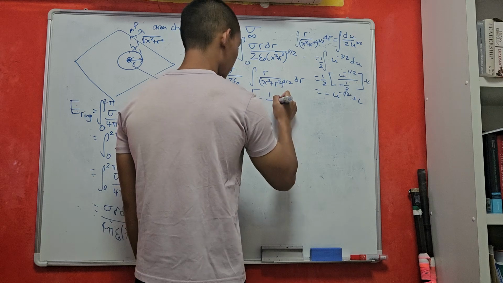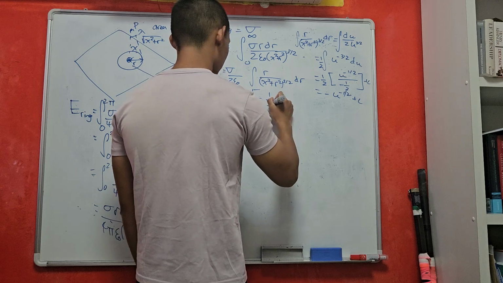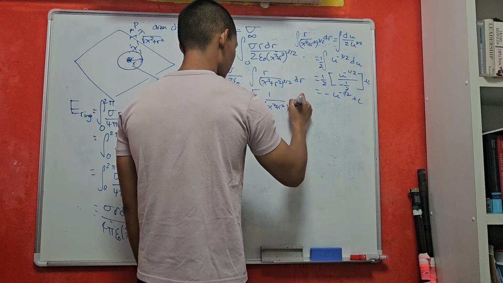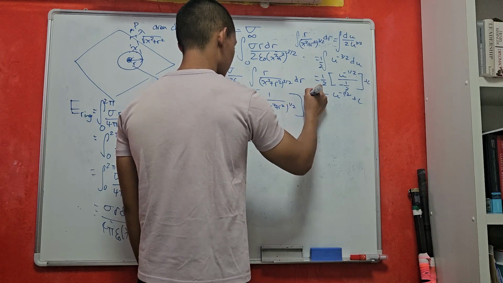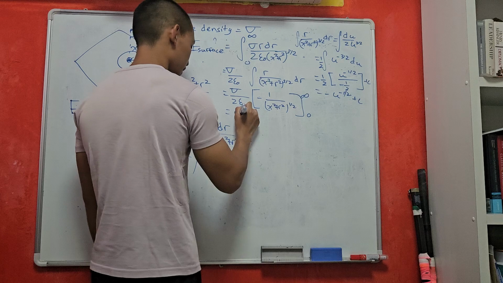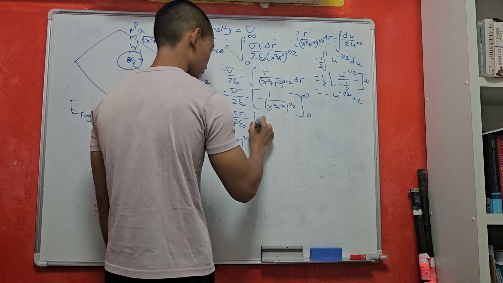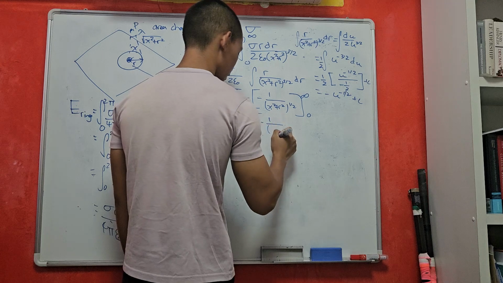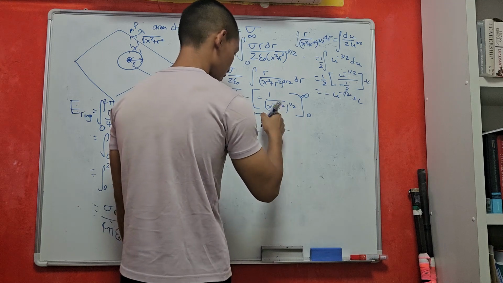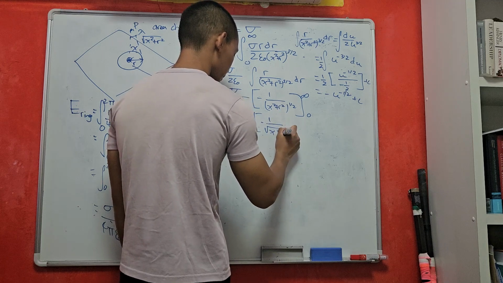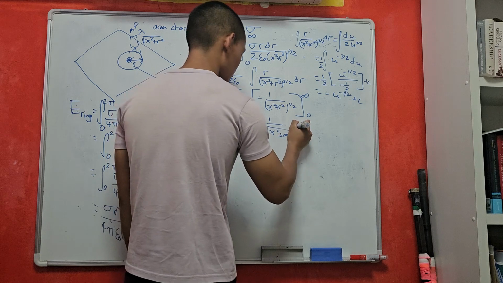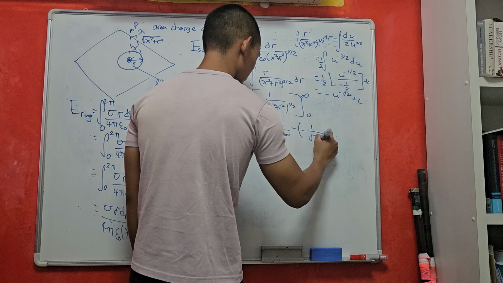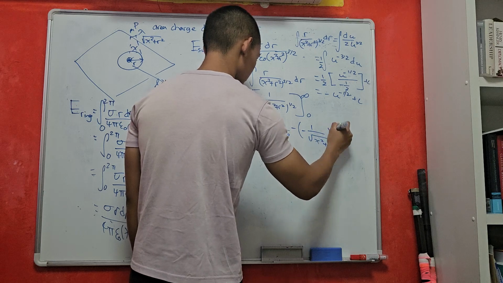So 1 over x squared plus r squared to the half, from 0 to infinity, and they'll just give us negative 1 over infinity minus 1 over square root of x squared plus 0.